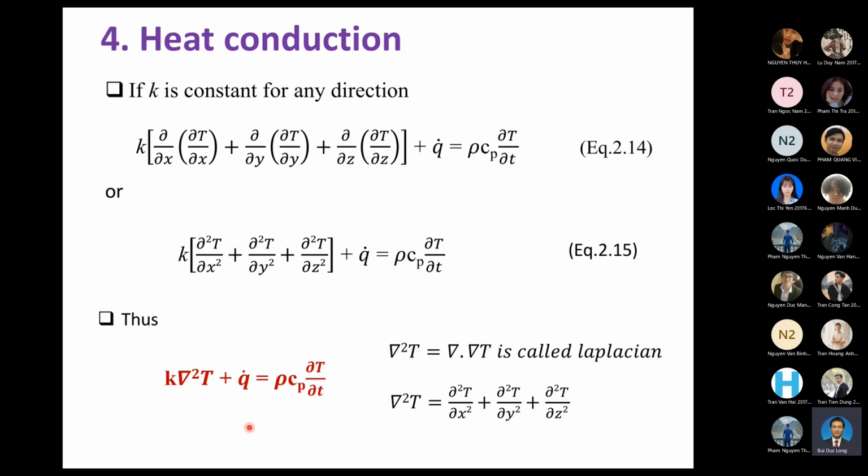This is the Laplacian equation for heat transfer in three dimensions, in which thermal conductivity is constant. Please take note of this. Now we have a very short equation and it looks nice also.